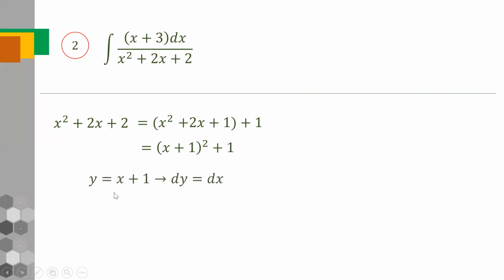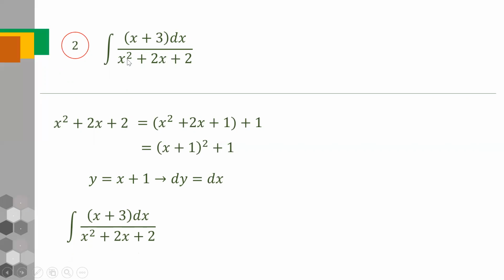We let y be equal to x plus 1, so we differentiate both sides. Therefore, your dy is just equal to dx. This means our dx here will be replaced with dy, and our x here will be replaced with y minus 1. We just move 1 to the left side so that we have a value for x.